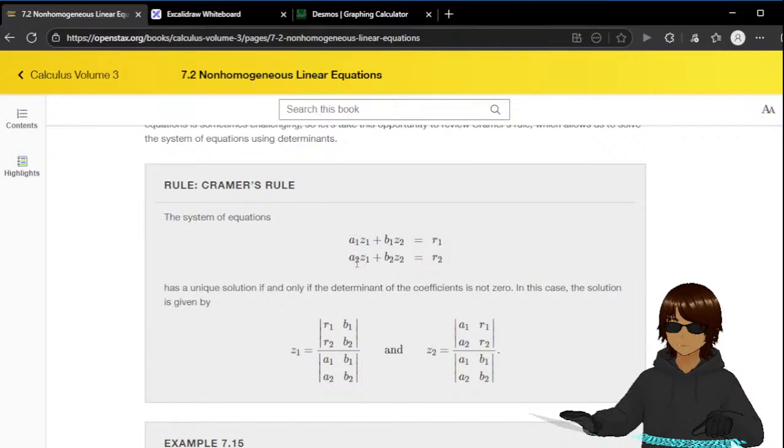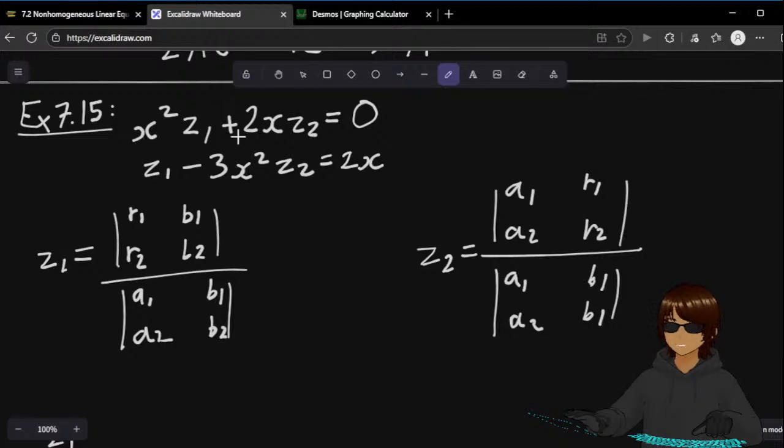A1 B1 R1 A2 B2 R2. So R1 times B2, which is 0, minus R2 times B1, which is 4x squared.